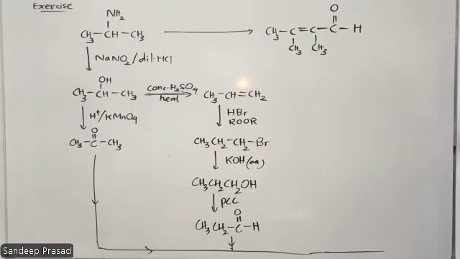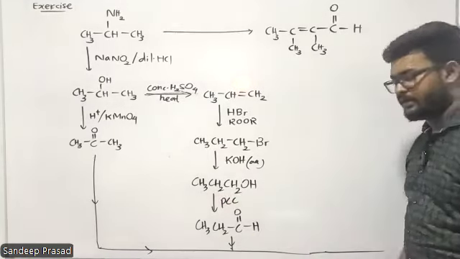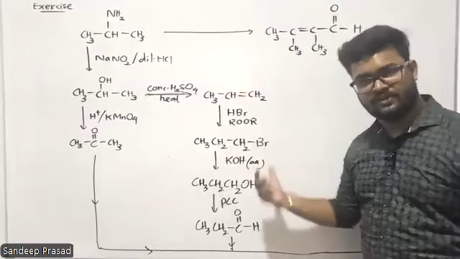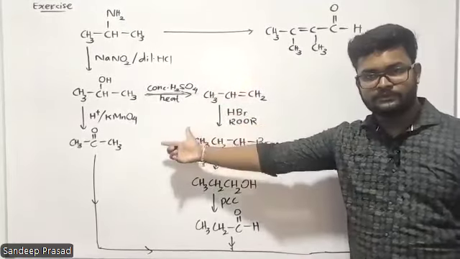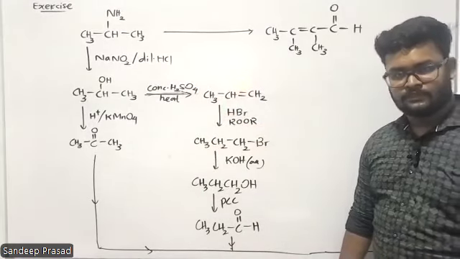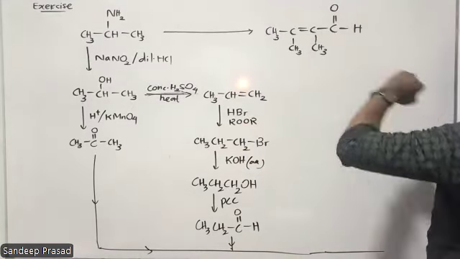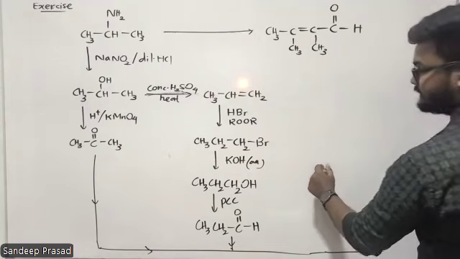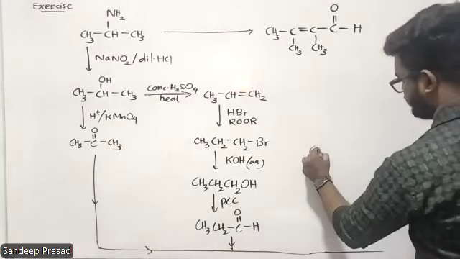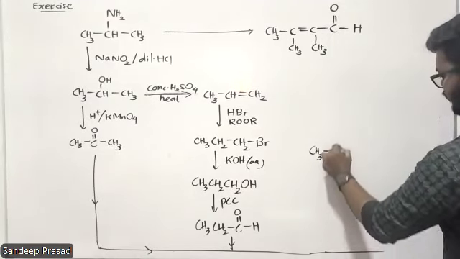Then it is producing, so this is what? A condensation reaction, but this is a condensation reaction between two different compounds. Acetone, that means 2-propanone, and this is propanal. Right? So according to the final product that we have obtained, we can put this CH3 bond down, and here we have OH.